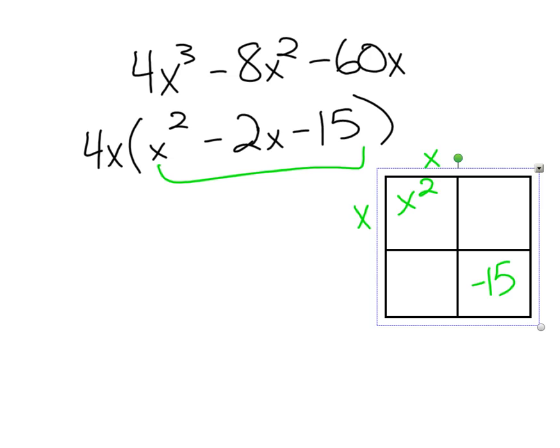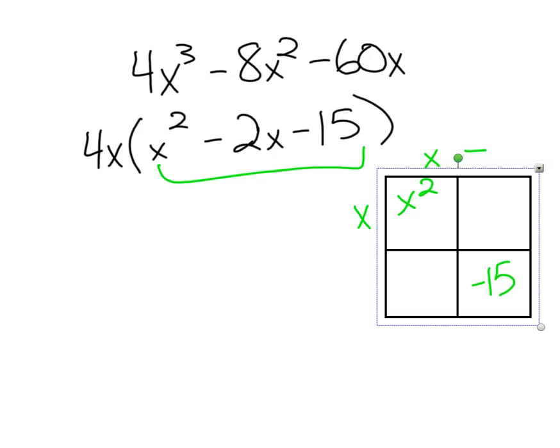Alright, so x and x makes x squared. Now we need something that multiplies to negative 15 and adds up to negative 2. Since b is negative, that means the negative number is going to be greater than the positive.